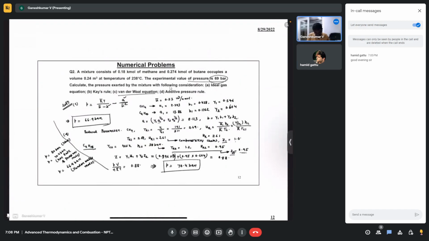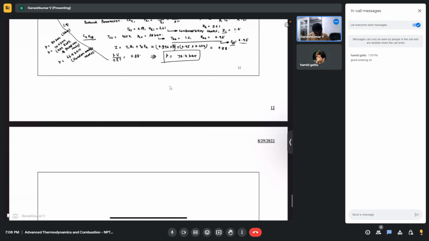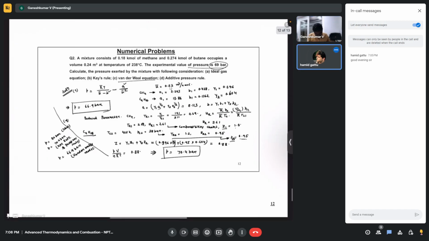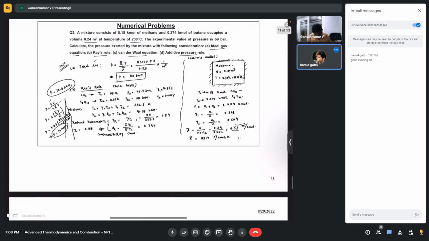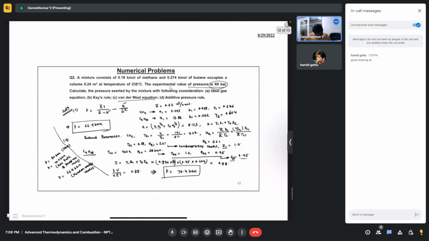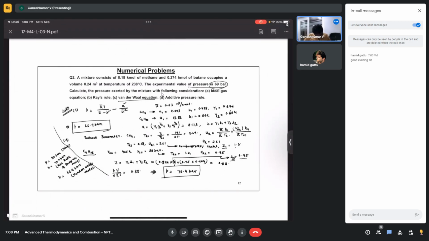Second problem, right? Additive pressure rule, the last part. The reduced volume, the reduced parameter for CH4. So, what is the doubt you have here?